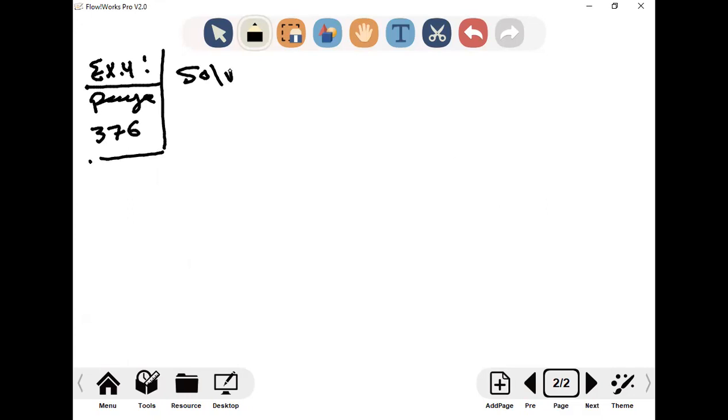Solve 3 over 4x minus 1 over 2 more than 3 over 8. Yeah, the first step is what? To shift which number? We call it the connected number. The negative half, it will be positive half, right?